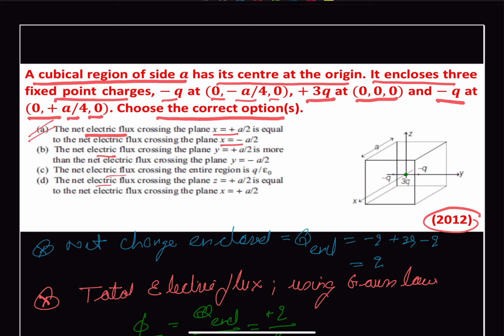Next we come to the planes y is equal to plus a by 2 and y is equal to minus a by 2.